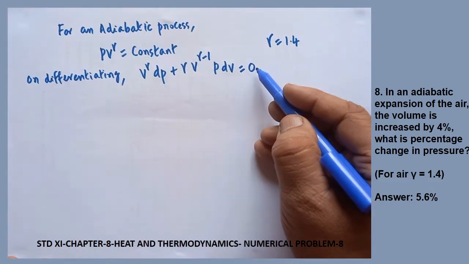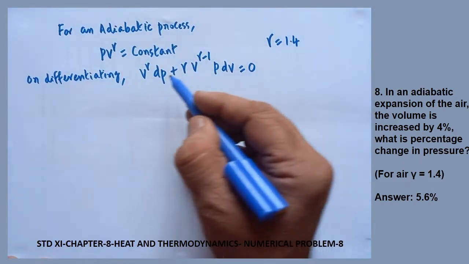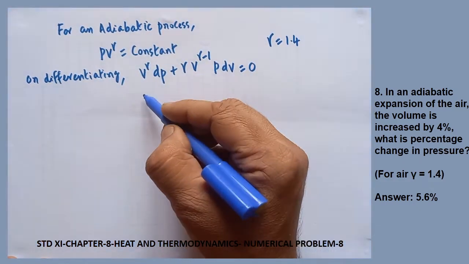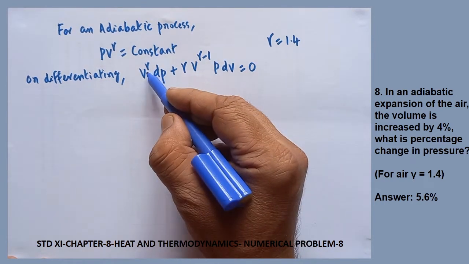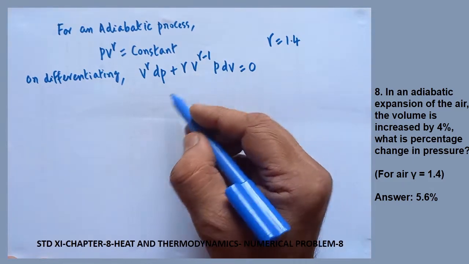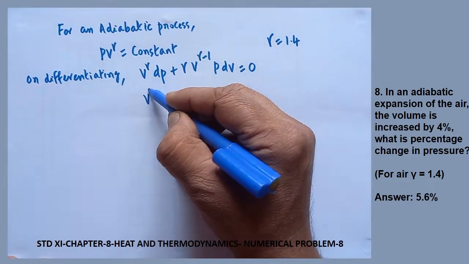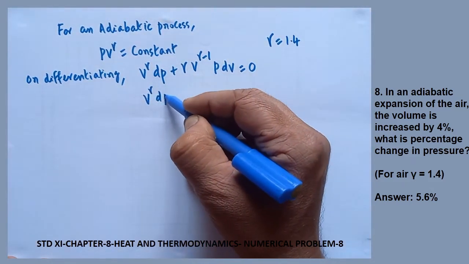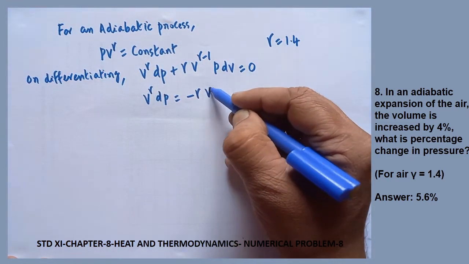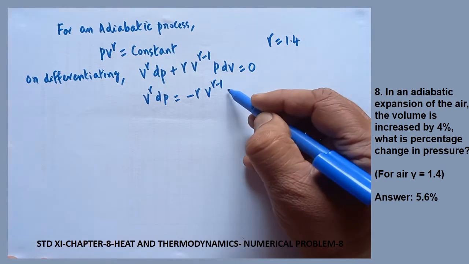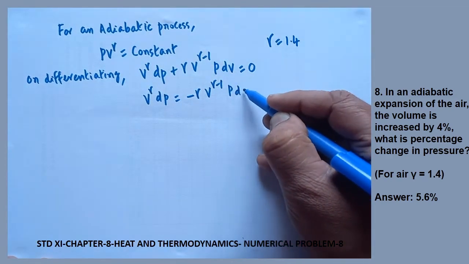If a constant is differentiated, you will get 0. Now you keep this dP on one side. Here V gamma is there, we can split it. V gamma dP is equal to minus of gamma V gamma minus 1 P dV can be written.